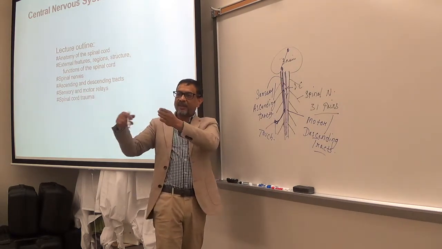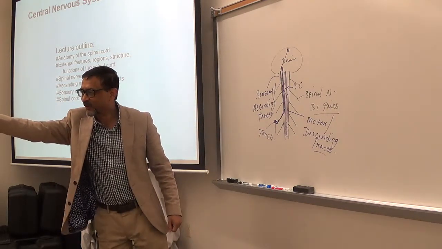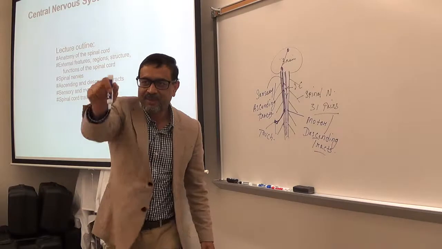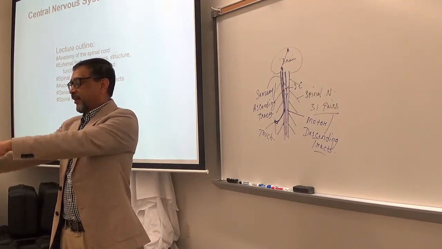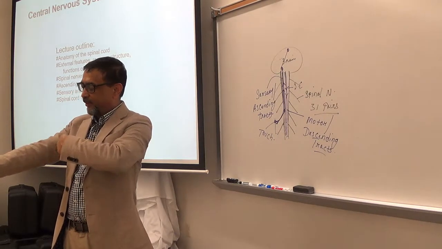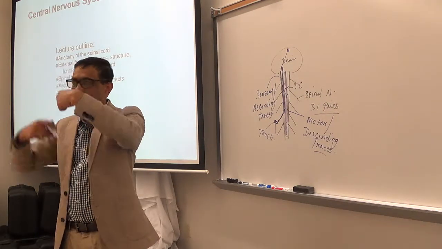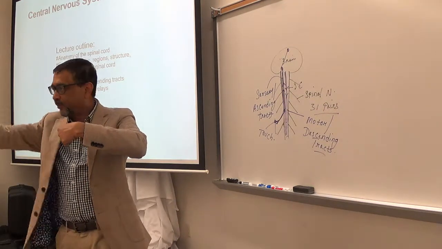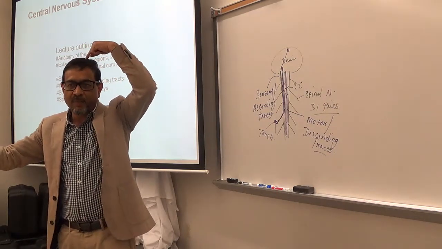Have you seen a relay race? One person runs, then gives the stick to the next person, who runs up to a certain distance. Same way, if I touch here, the signal will be taken by one group of neurons and given to the next group of neurons to carry up to a certain distance. Then we'll hand over to another group of neurons to take it all the way to the brain, right?